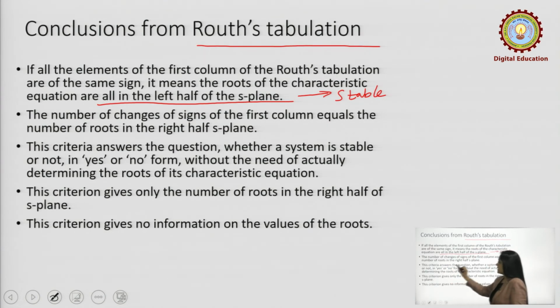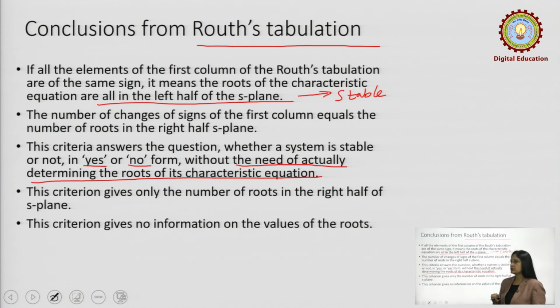This criterion, the Routh Hurwitz criterion, answers the question whether a system is stable or not in a yes or no form. That is, looking at the first elements of all the rows, we decide whether the system is stable or not without the need of actually determining the roots of the characteristic equation.